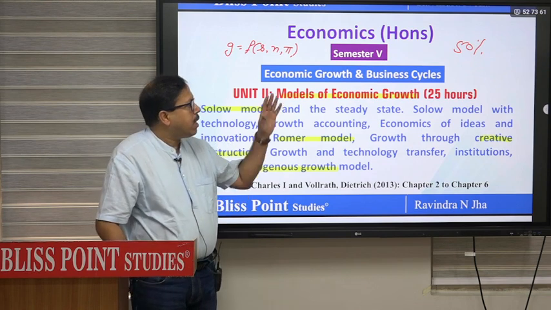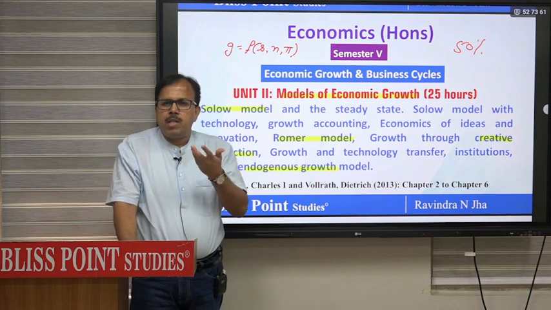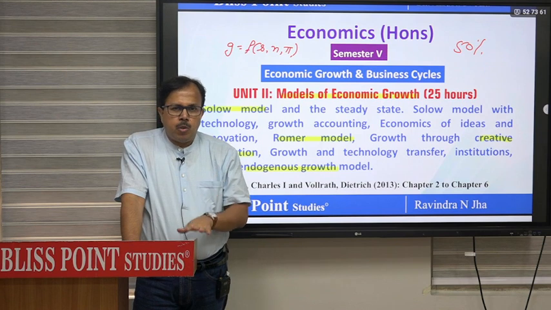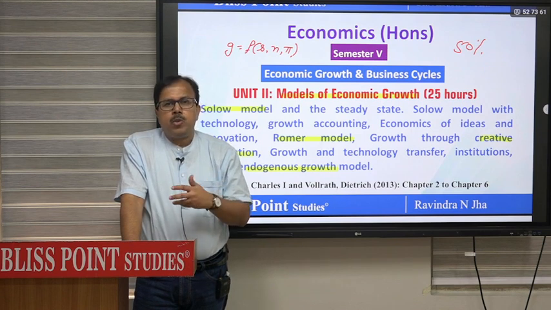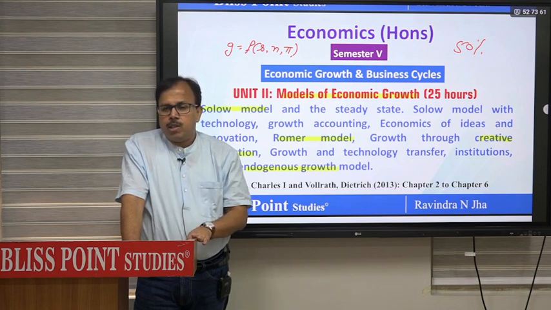That means I am saying that growth depends upon saving rate, but I will assume that saving rate to be a given value. Growth depends upon population growth rate, but I will assume population growth rate as a given number. Growth depends upon technical progress, again assuming technical progress as something given, without explaining what determines that technical progress.